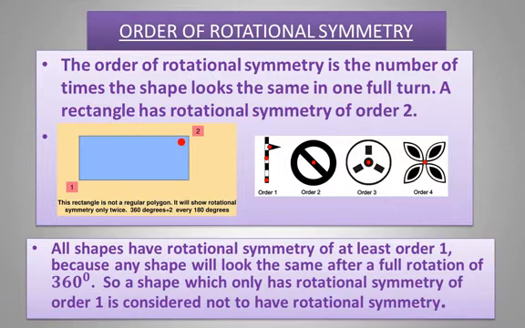That means the picture will match its original shape 4 times when we rotate it about the center of rotation. Okay, so all of you understood what rotational symmetry is, is it?